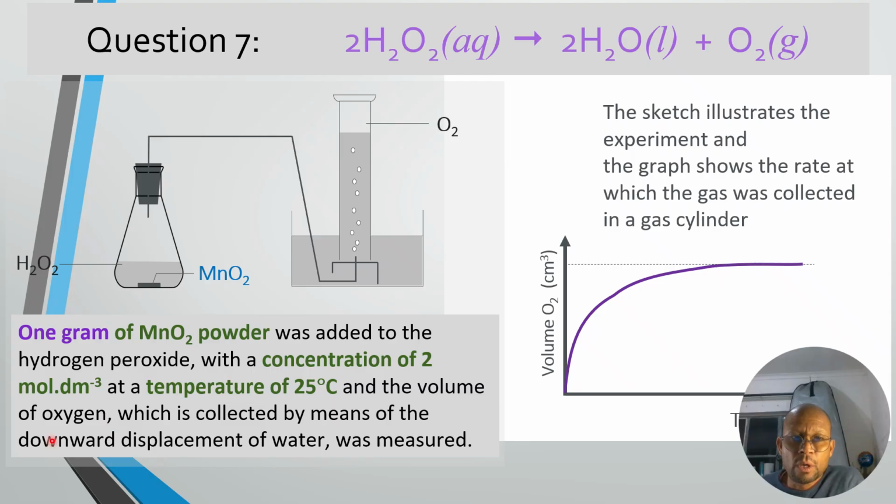And the volume of oxygen, which is collected by means of the downward displacement of water, was measured. The sketch illustrates the experiment, and the graph shows the rate at which the gas was collected in the gas cylinder. So this is a volume versus time graph.